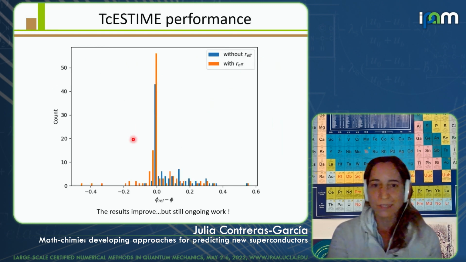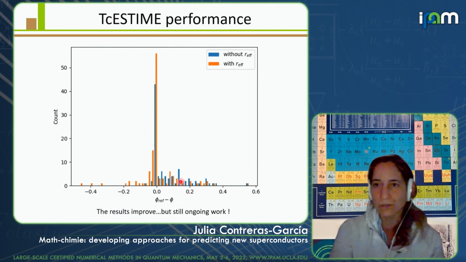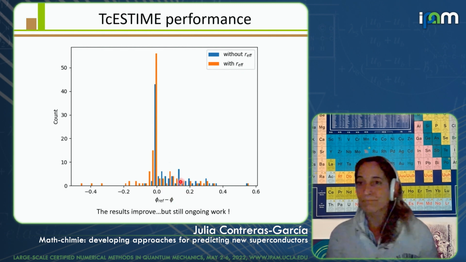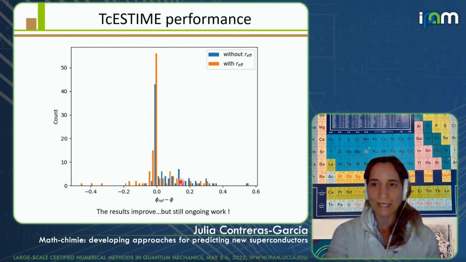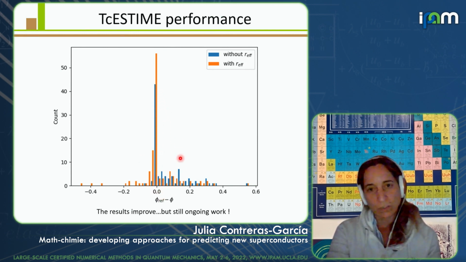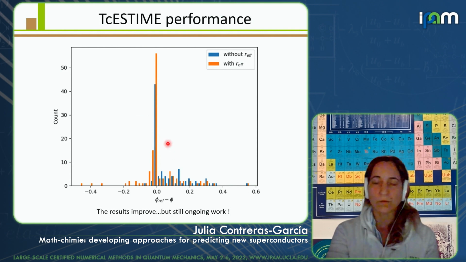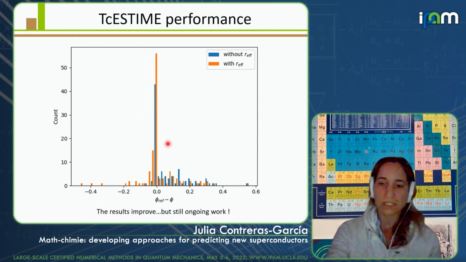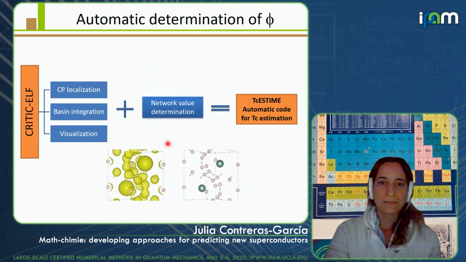Results improved, but we still have a long way to go. And that's where we basically are now, analyzing which systems are giving errors. Anyhow, with these results, we're already able to start working on the prediction of new high TC superconductors, and that's what we will hopefully do in the coming months.